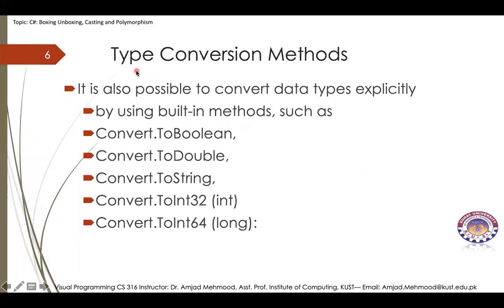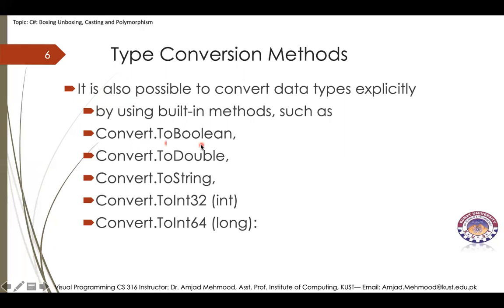Now, as we are studying conversion, I have explained that in classes, but because one of the students asked me about this conversion, I am repeating it again. In C sharp we have some methods which help us do conversion. Like we have a Convert class.